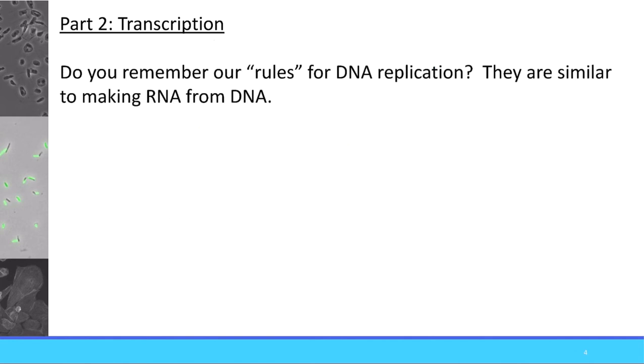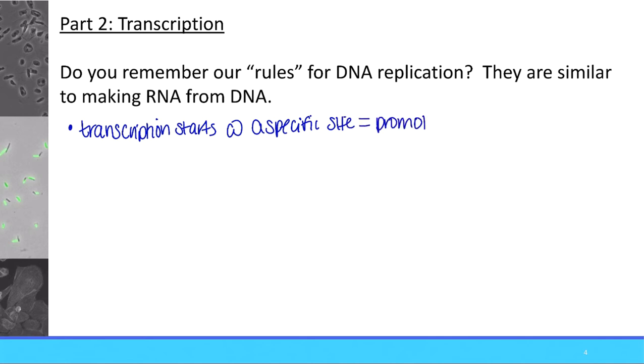So just like we have rules for DNA replication, we have rules for making RNA, and they're very, very similar. If you recall, for DNA replication, we said that replication starts at a specific site. Well, it turns out that transcription is also going to start at a specific site, and that site is called a promoter.